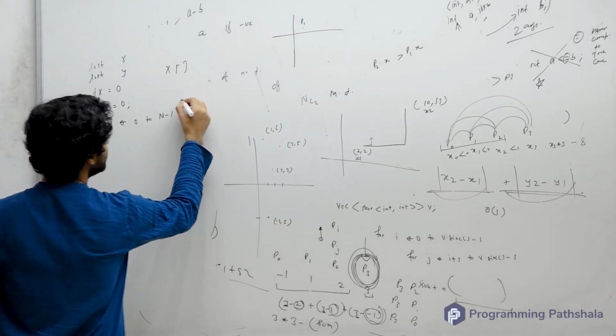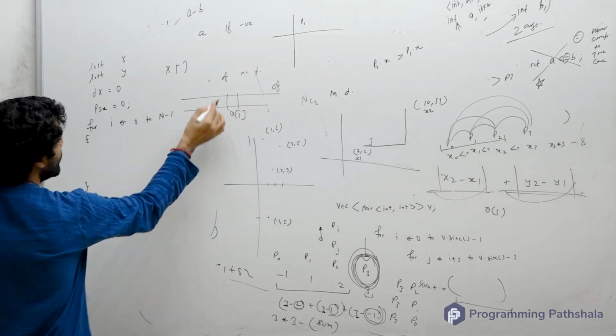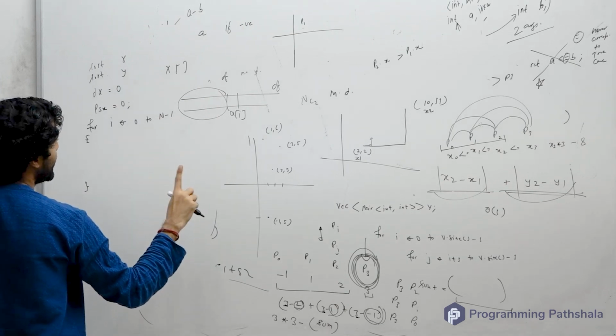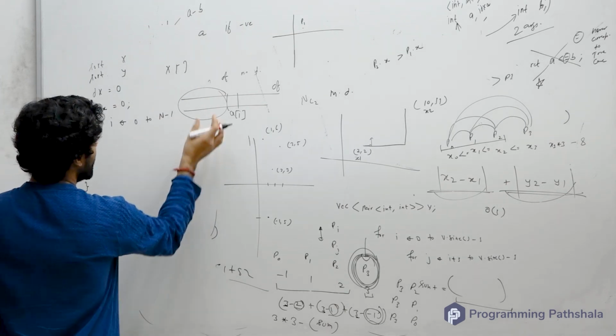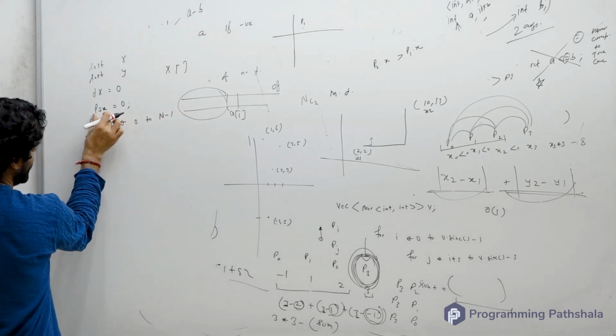Currently you are trying to consider the contribution of this ith element, a of i. How many elements will be there in the left of a of i? i elements, right? And what is their sum? Their sum would have got stored in this prefix sum variable.